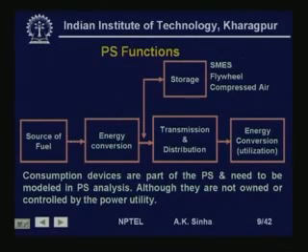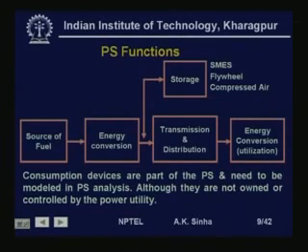Well, what does a power system consist of? Starting with the source of fuel, there can be different kinds of fuel. It can be the potential energy of water, or the chemical energy stored in coal or oil. It can be solar energy. It can be various kinds of sources of energy that we have.